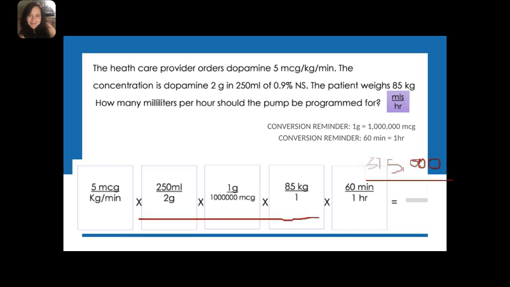When you divide the 2 million into the 6,375, I came up with 3.187. The rounding rule for testing purposes would be to the tenth. So that would be 3.2, because I'm going to round up because it's an 8 here. And that would be your answer.